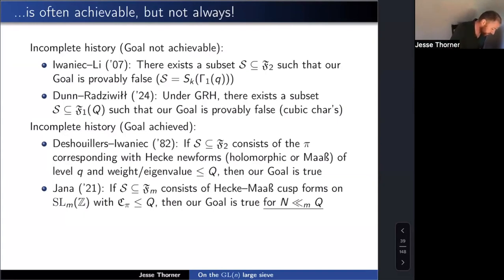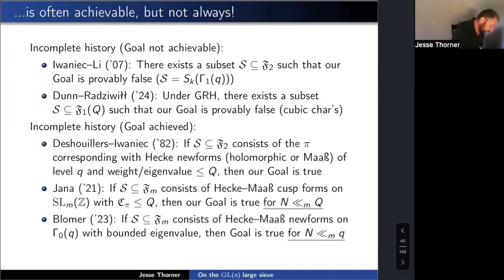But you can look at the π corresponding to Hecke-Maass cusp forms on SL_m(Z) with analytic conductor going up to Q. And in this situation, optimal quasi-orthogonality is proved provided that N is small relative to big Q. So in a range, but this is a crucial range for a lot of applications.